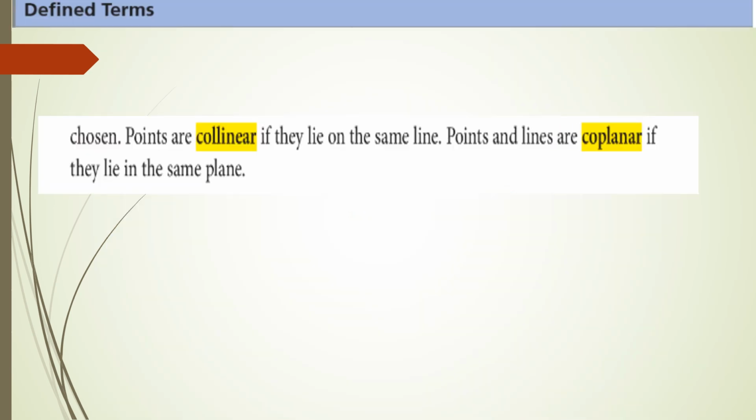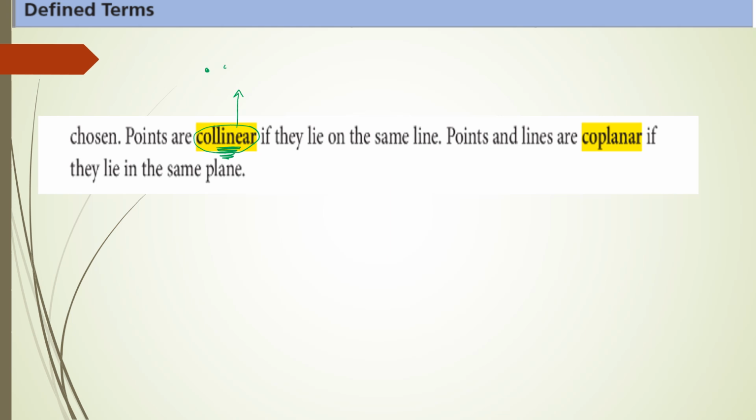The lines, there are two more terminologies in geometry. They are collinear. Collinear, as it is mentioned, and it is very obvious from the terminology itself, it means they are talking about some line, and there are the points.